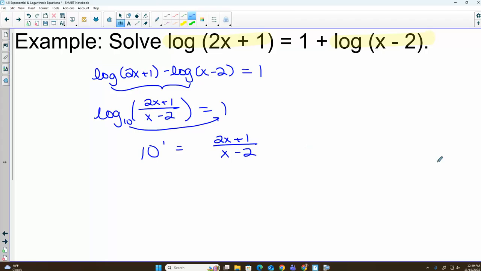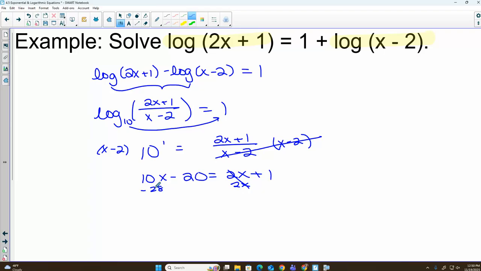All right, 10 to the first is just 10. If I'm trying to solve this, we would have to multiply the x minus 2 to the other side. So then I could subtract over my 2x. Add over my 20.